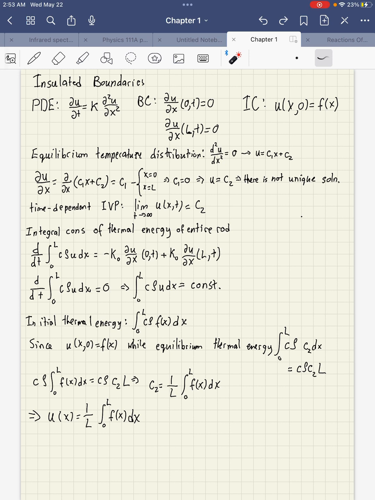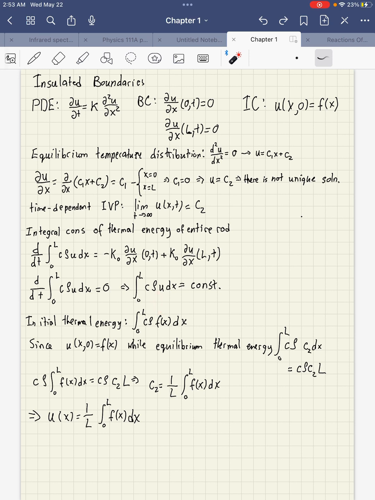If I apply the integral conservation of thermal energy of the entire rod to get what my temperature is, since its time dependence is equal to 0, my integrand is also equal to a constant. Now, because of my initial thermal energy, I can substitute my u with f of x.